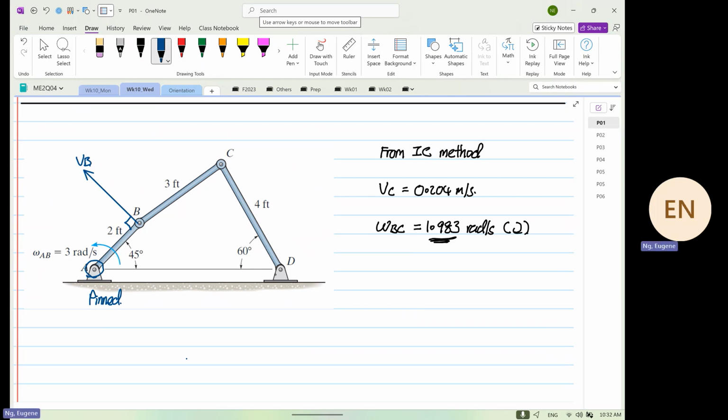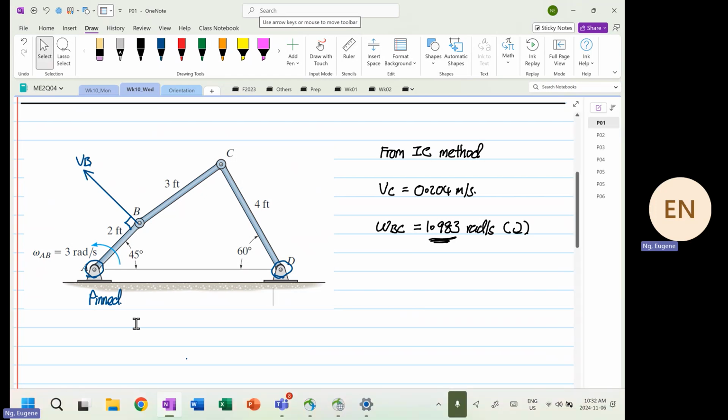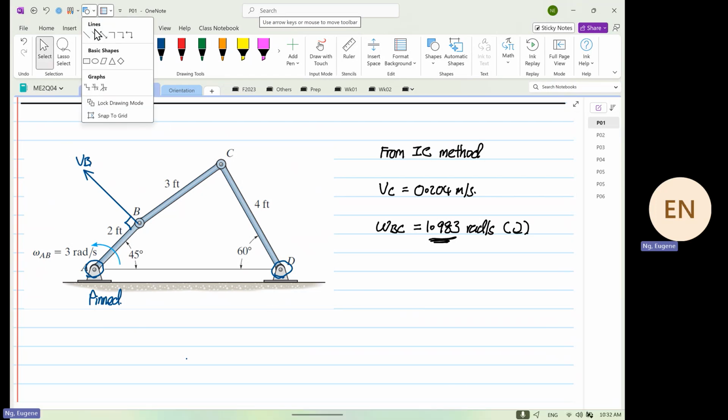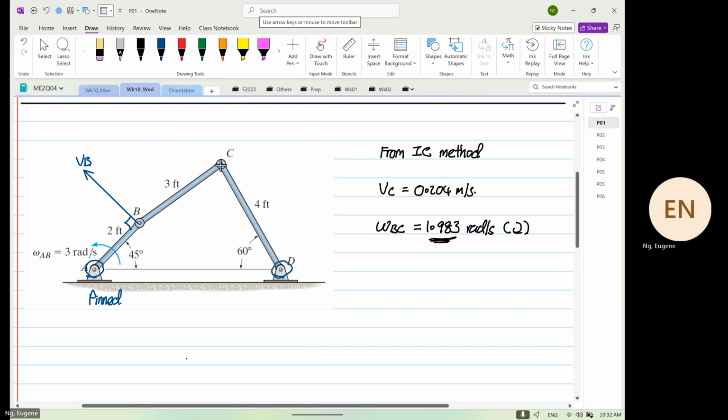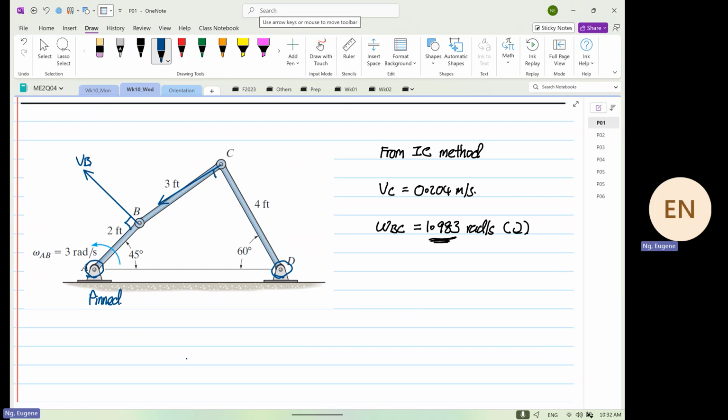Now on D, likewise, we are also aware that the velocity vector is coming down this way. I'll try to draw it in such a way that it's not 90 degrees from BC. And we know that over here, this is 90 degrees.